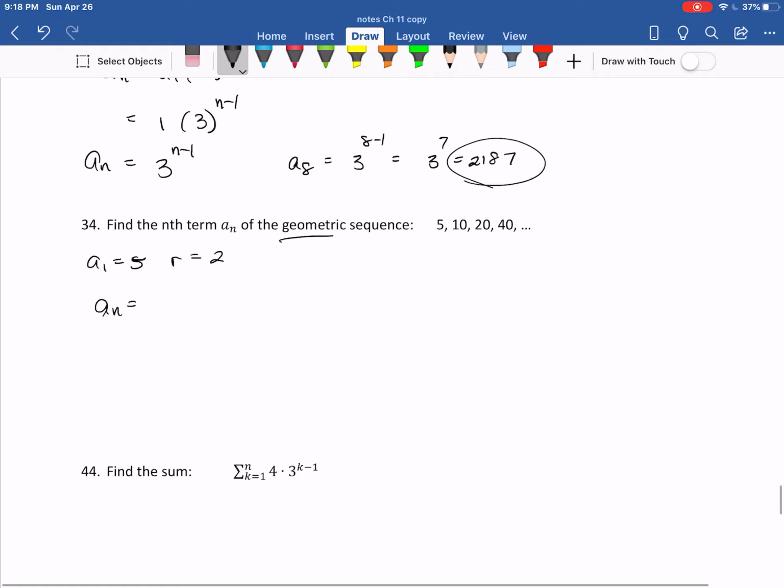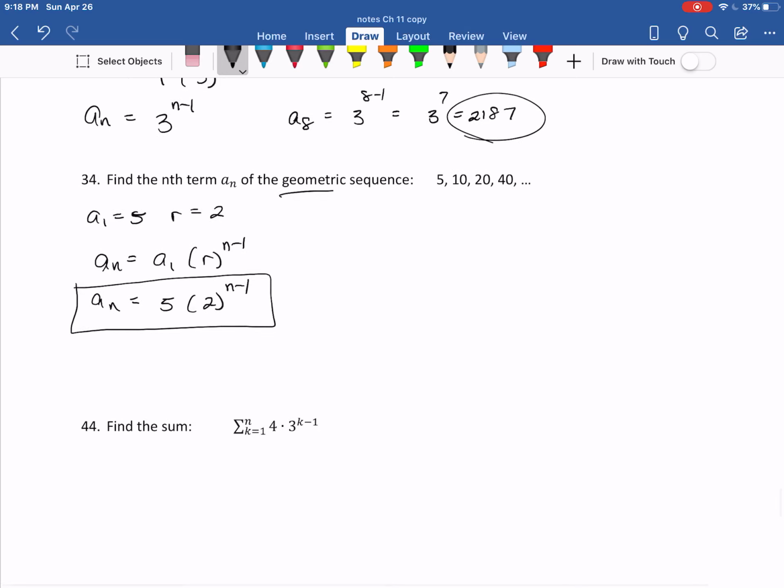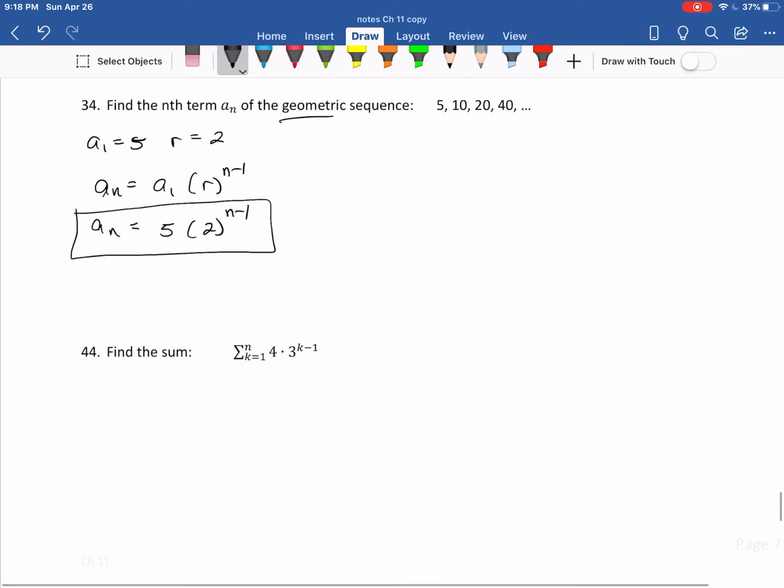So the nth term, once again, a1 times r to the n minus 1, looks like 5 times 2 to the n minus 1. And we're going to leave it like that. You cannot multiply the 5 and the 2 because of the order of operations. That's all we had to do. Find the nth term. Did it.